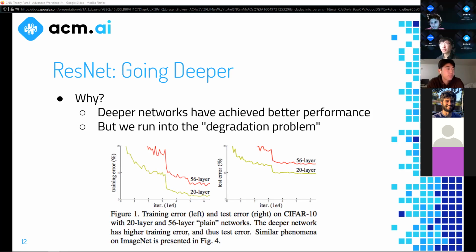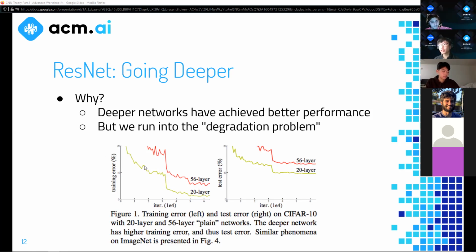But what happened is when we added more layers, they actually started to perform worse, which is kind of counterintuitive, because a neural network with more layers should be like a superset of a neural network with fewer layers, right? So why would it perform worse? And I'm talking about the training error too. If you look at this graph, the training error of the 56 layer network was higher than the training error of the 20 layer network. So from this, we can tell that it's not because of overfitting, right?